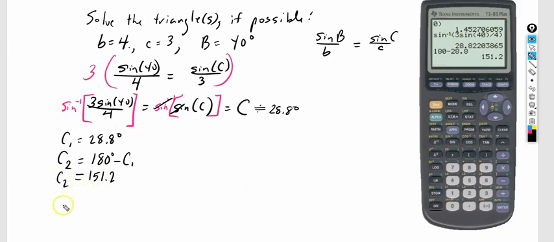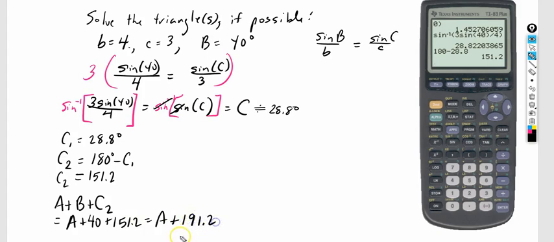But the three angles of a triangle have to total up to 180. And I don't know what A is yet, but I do know that B is 40. And this C2, that's going to be too much because that's going to put me over 180 just from that.